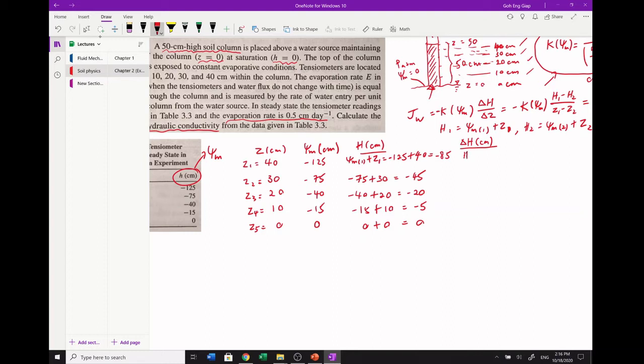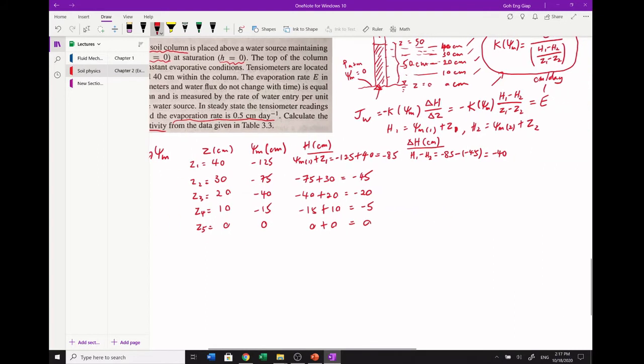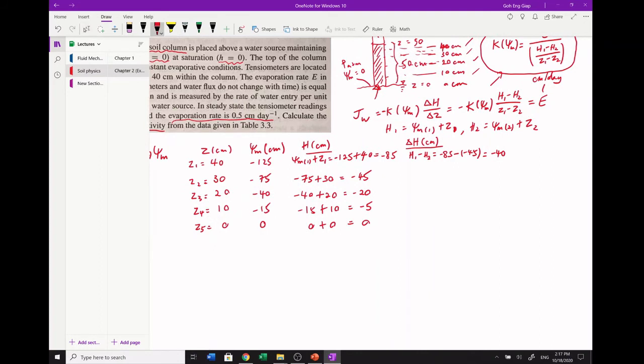H1 minus H2, which is negative 85 minus H2, which is negative 45, so we get negative 40, and then of course H2 minus H3, which is negative 45 minus negative 20, which is equal to negative 25, and we do the same for the following.